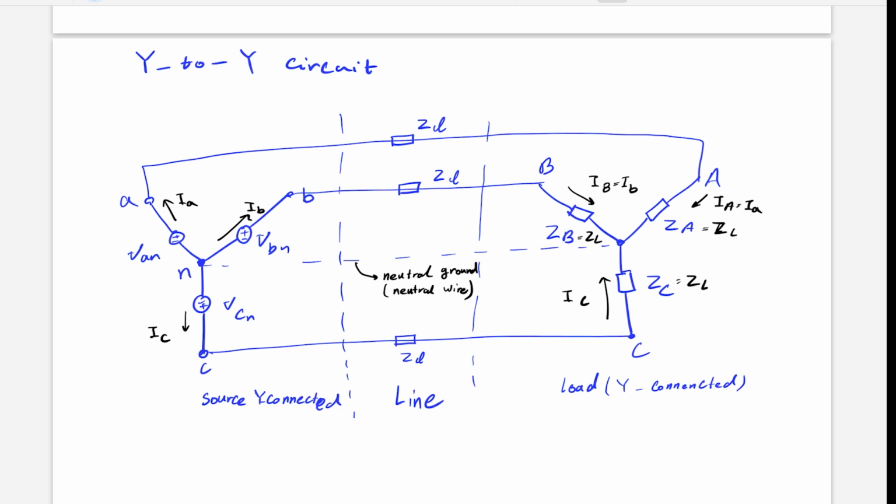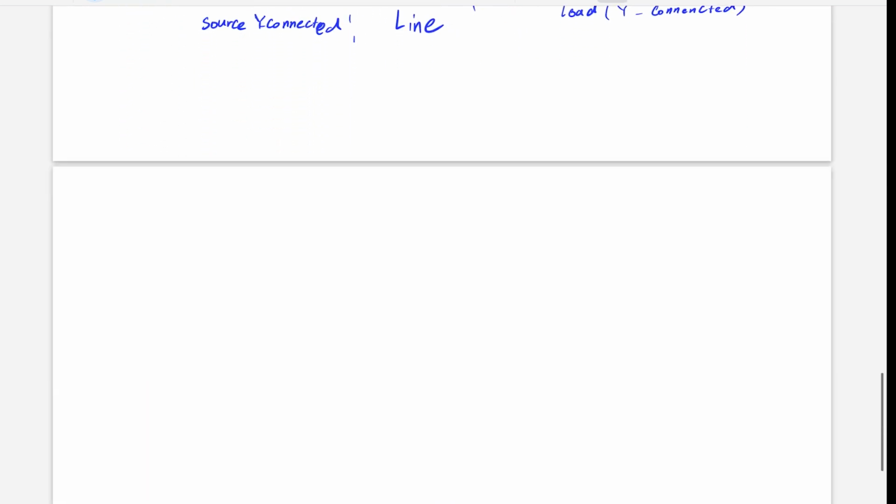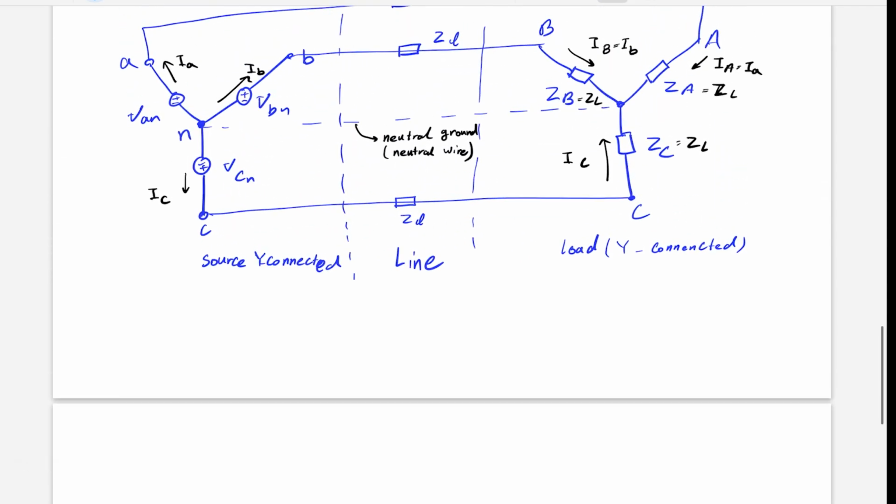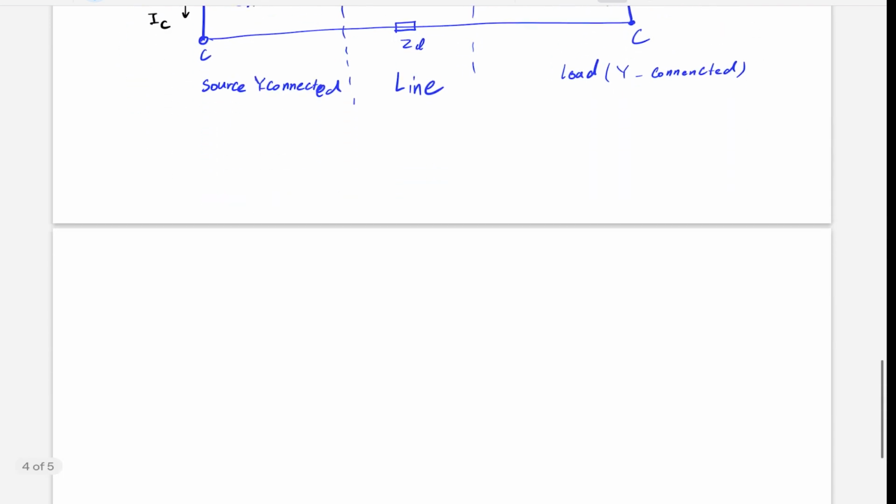Now let's talk about how we can analyze this kind of circuit. In order to analyze it more efficiently and better, we can analyze the per phase circuit. So we can divide this complex problem into pieces to get a better idea of it.